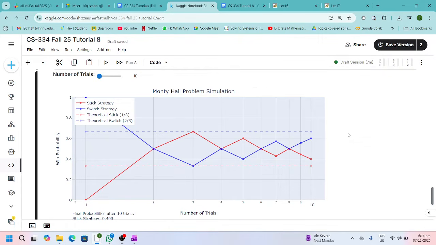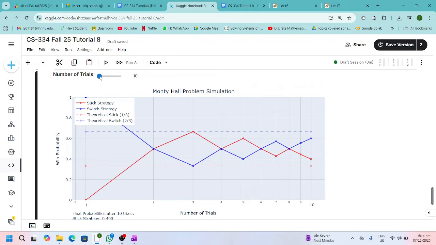The blue line in bold represents that you are switching, in which case your theoretical probability of winning should be 2 over 3. On the Y axis you have the probability, and on the x axis you have the number of trials. We will not go over the code. It is not important for you.